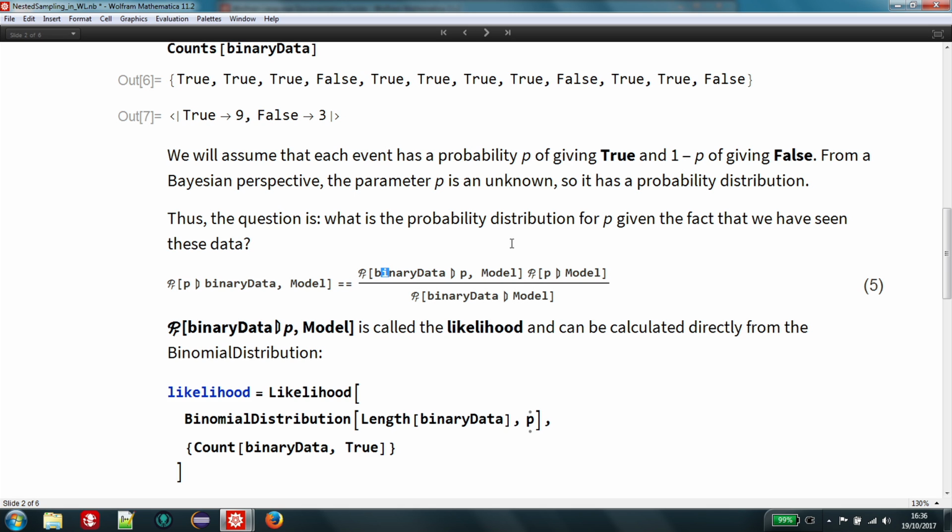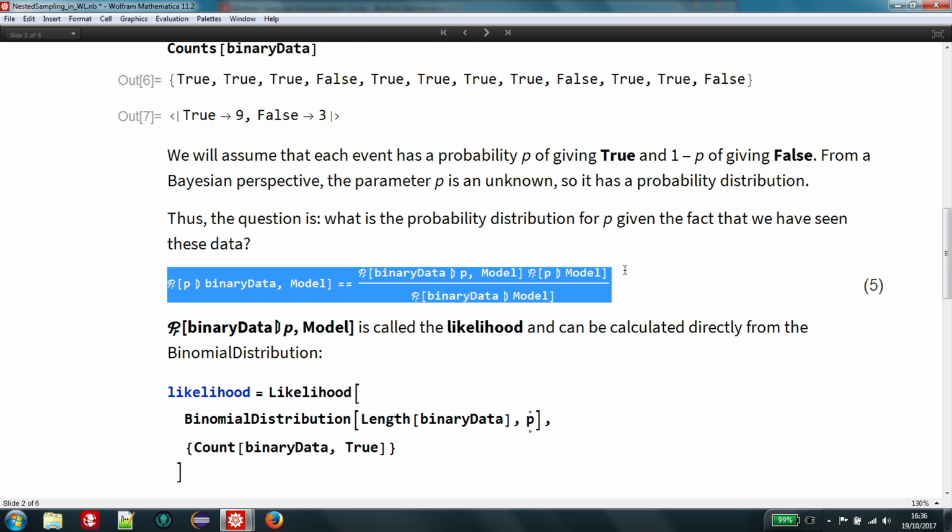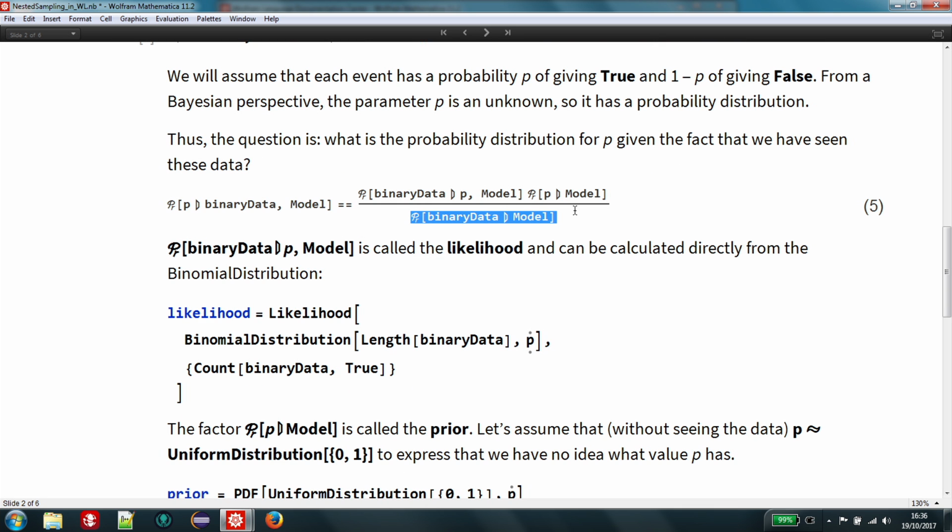That's the probability of getting your data given the model and the p-value that you assumed at a certain value. Then here we have what's called the prior, and here we have what's called the evidence. This likelihood is probably the easiest, because that's what we learned in probability classes while we were in school.